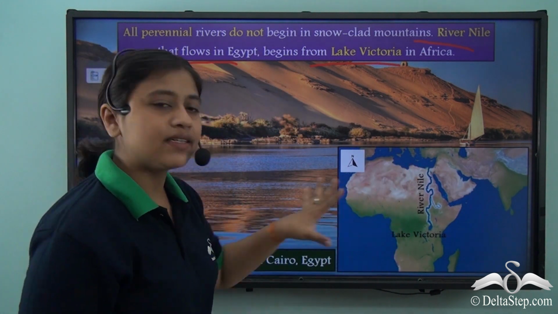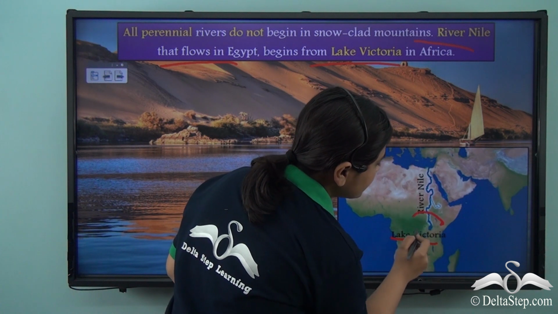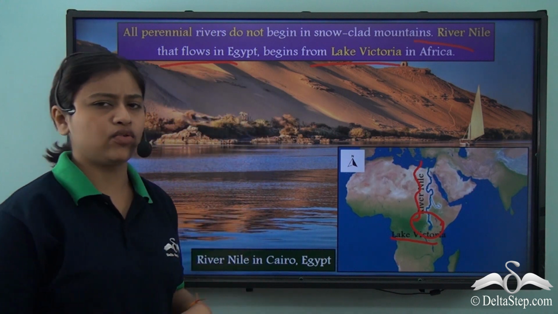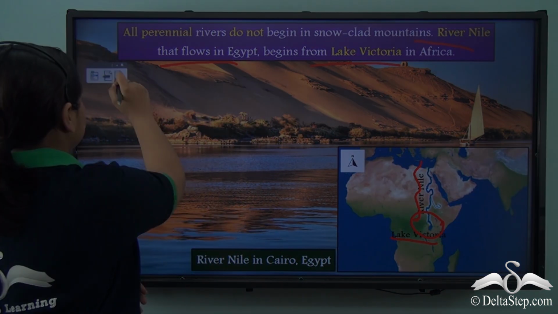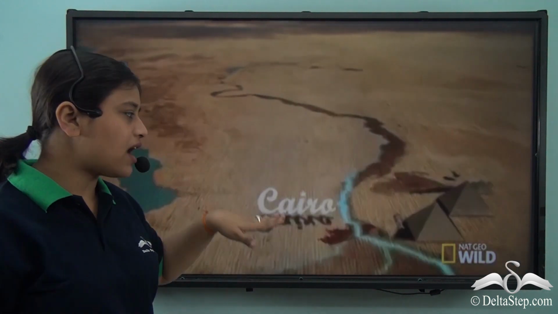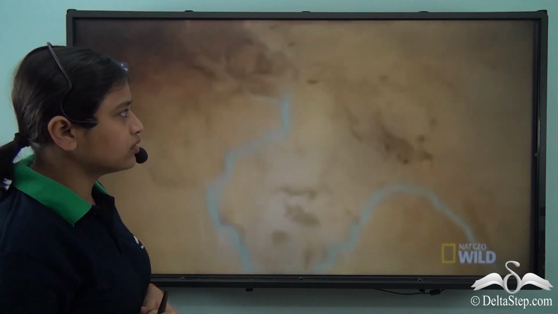So if you see this map of Africa, you see that Lake Victoria here is the source of river Nile, and there it goes. With its mouth in the Mediterranean Sea, it passes through Cairo, and if we trace the source, we will know that the source is Lake Victoria.